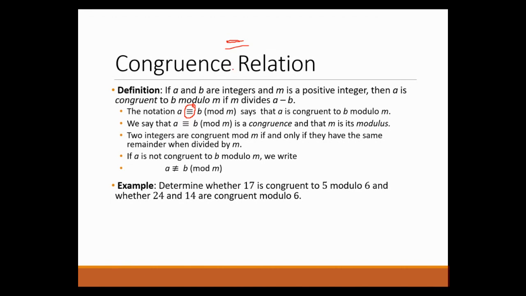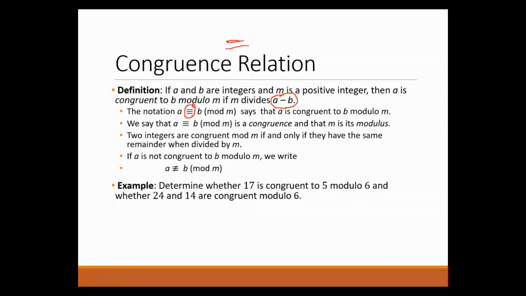And we can say that A is congruent to B mod M if, so the definition states that we can say A is congruent to B mod M when M divides A minus B.